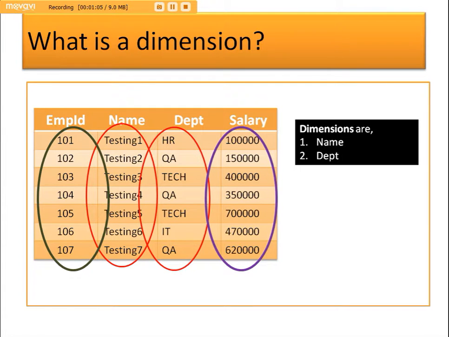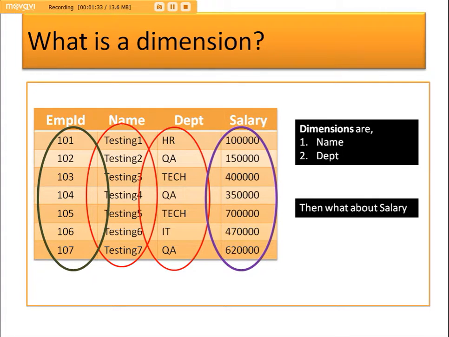So here the definition is: all the non-quantifiable columns or all non-quantifiable values are called dimensions. So here name and department are dimensions, since these two columns have data which are non-quantifiable.